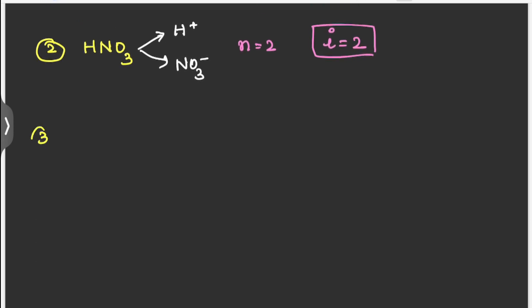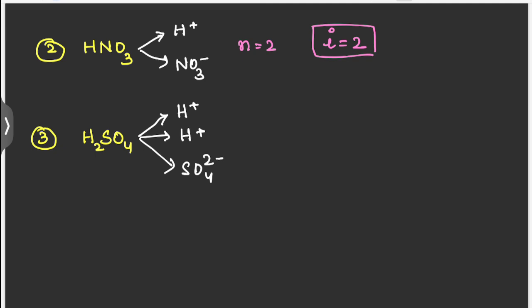So one more example. Third one, H2SO4. Now this is going to break as H plus, then H plus, and then SO4 2 minus ion. So here you can see there are 2 hydrogens.